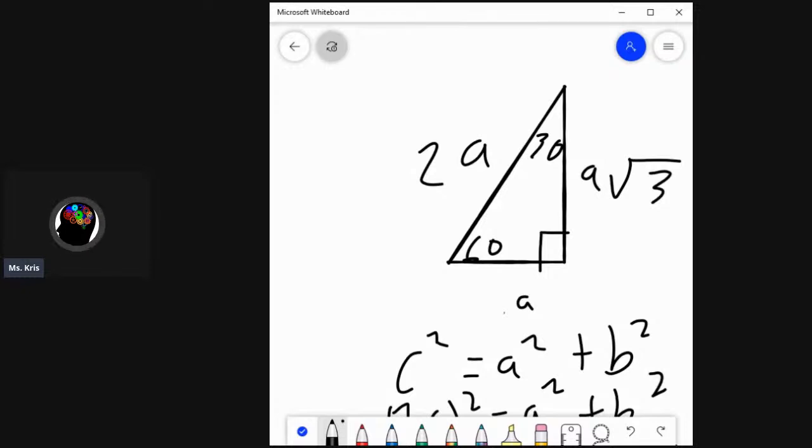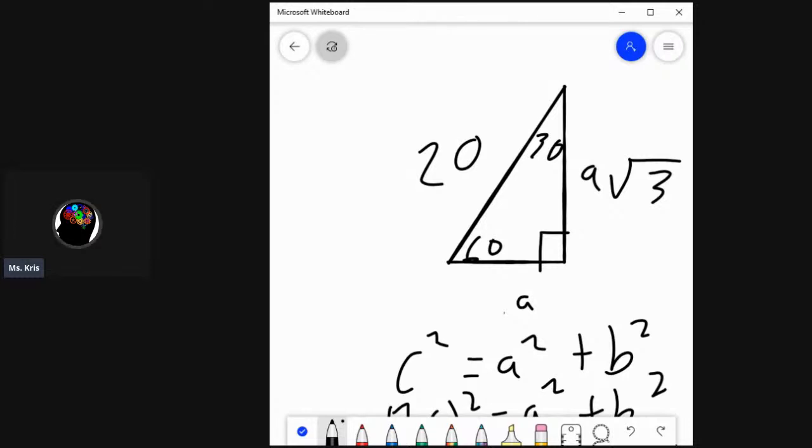Now, if you're looking for the longer leg and you have, let's say you have the hypotenuse and you're looking for the longer and shorter leg. Well, go with 20.